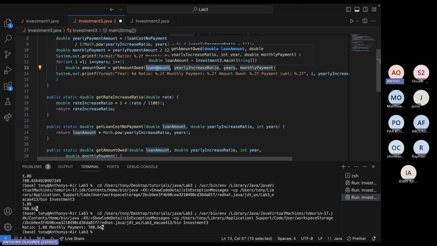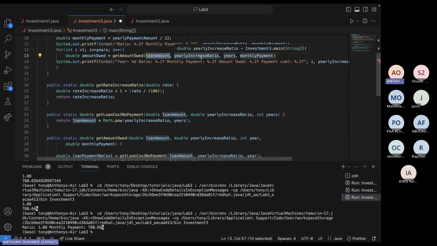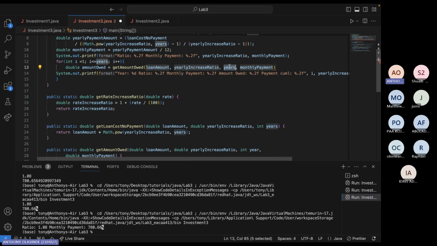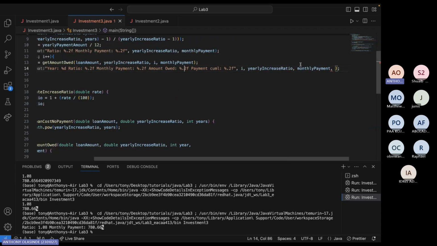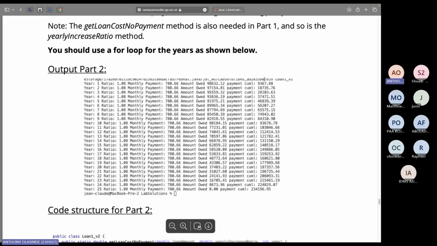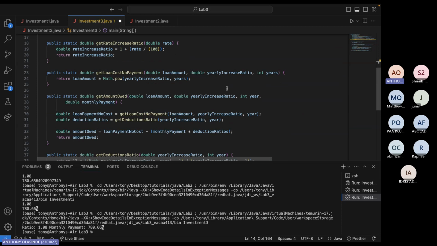Now we'll supply the loan amount, the yearly increase ratio, the years will now be i, not years, then the monthly amount. So let's see if that makes sense. Then we need accumulation, so everything that has been paid. How do we know what they have paid?